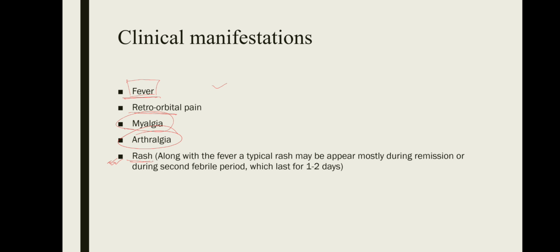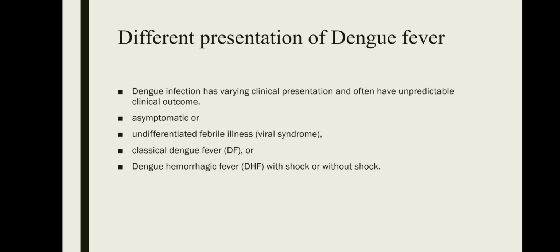Now dengue fever presents with different clinical manifestations. As I said, this is a virus, and the dengue virus may present like a normal viral fever. That means it may present as asymptomatic, or as an undifferentiated febrile illness, just like a viral prodrome, that means fever, runny nose, diarrhea.